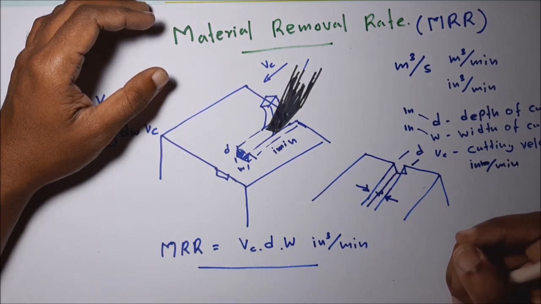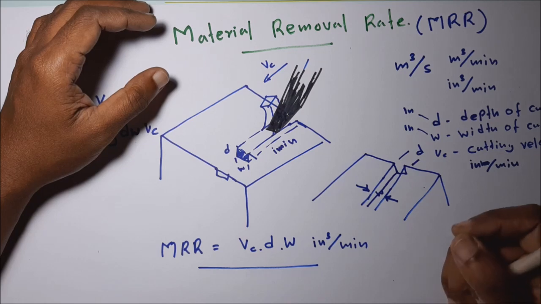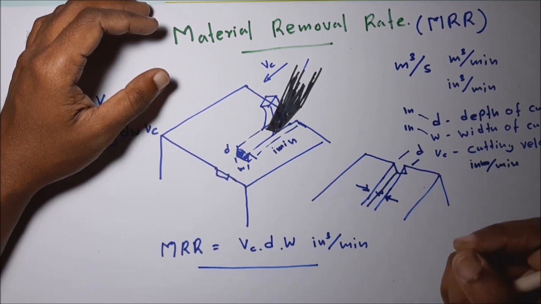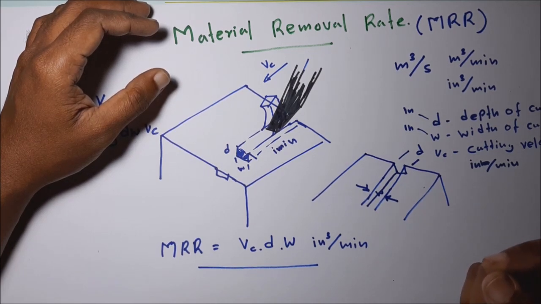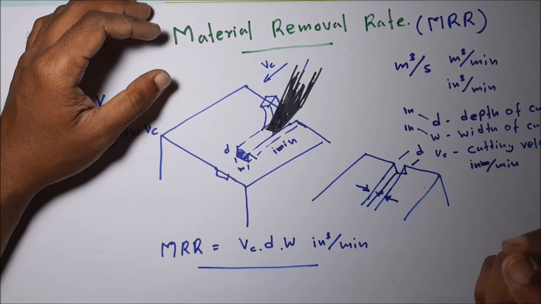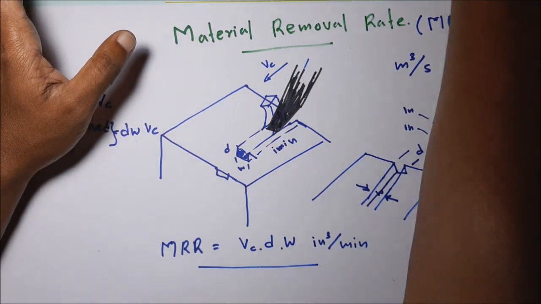If we know it, we can estimate the total time taken to manufacture a certain geometric shape. That is very important to estimate the production rate, profit, labor cost, and also the energy consumption.